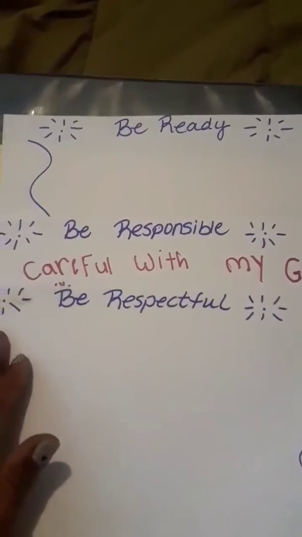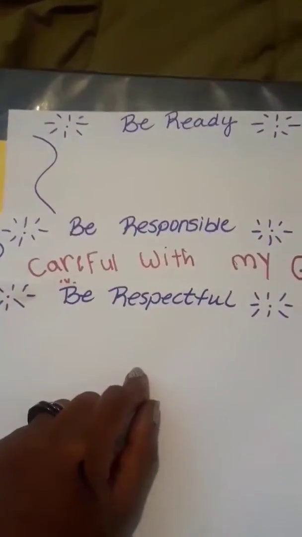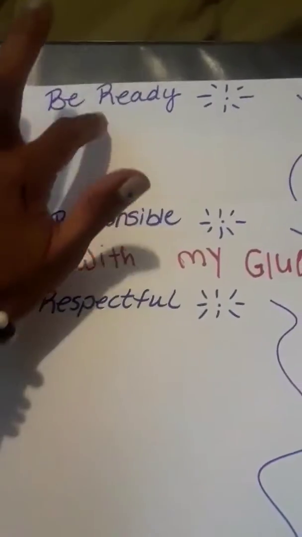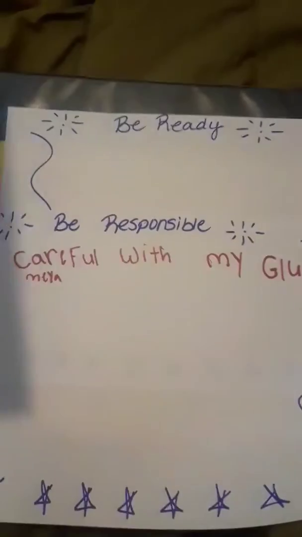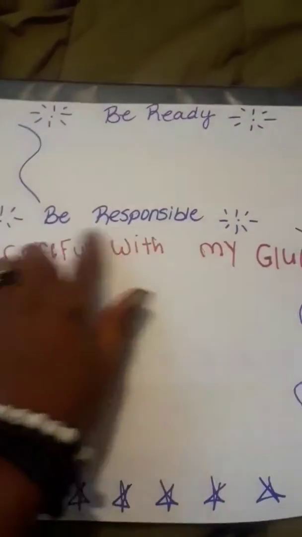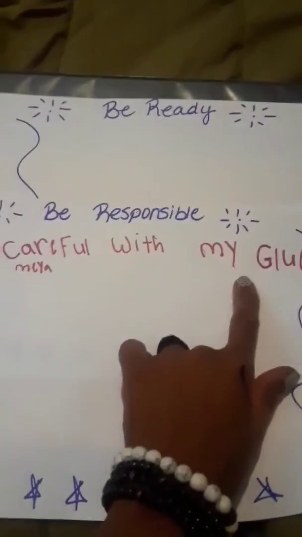When you're ready, go ahead and write it on your sticky note and put it under the rule that you're addressing. So Mia decided that she can be responsible by being careful with her glue.